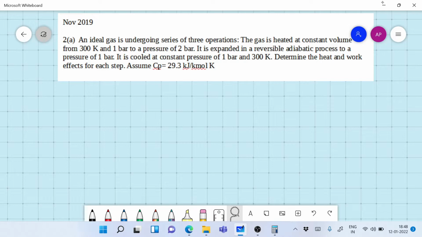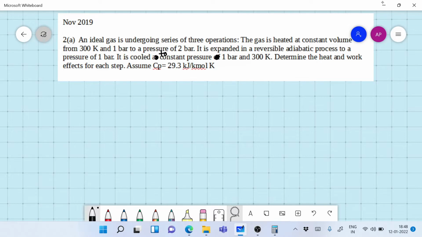It is cooled at constant pressure of 1 bar to 300 Kelvin. Determine the heat and work effects for each step.